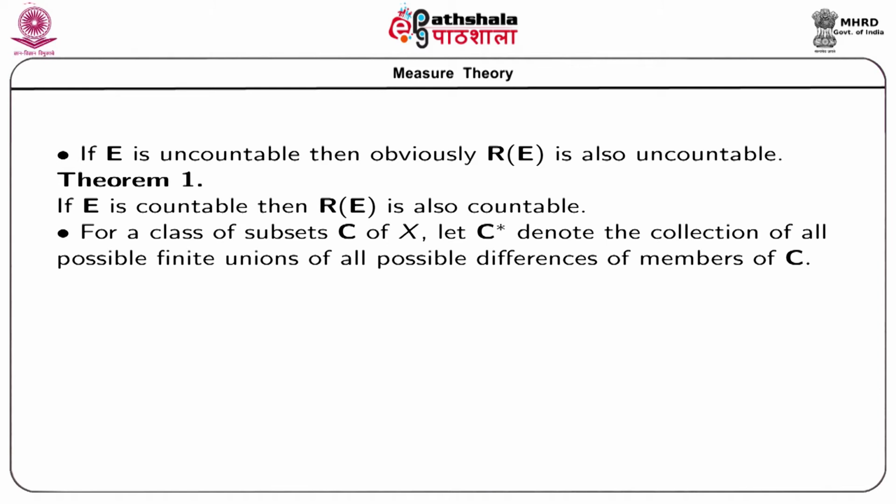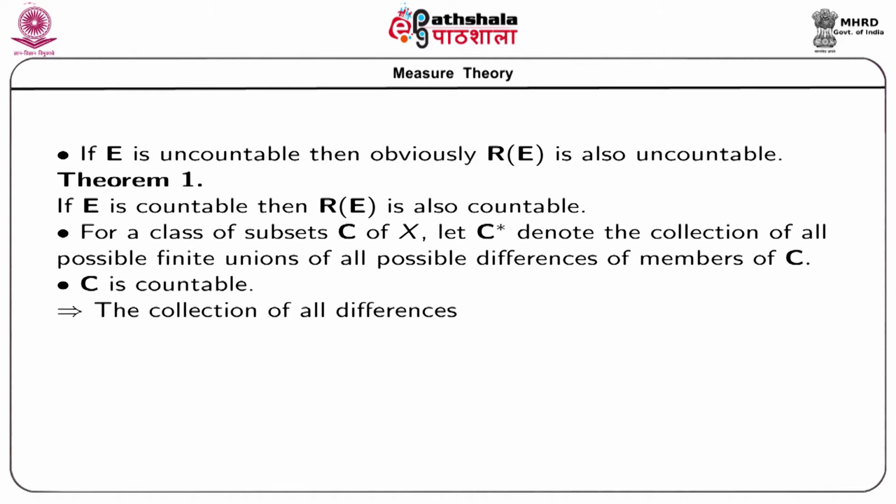For a class of subsets C of X, let C star denote the collection of all possible finite unions of all possible differences of members of C. Then C countable implies that the collection of all differences of members of C is also countable, because any difference can be written in the form A minus B, with which we can relate the pair (A, B).